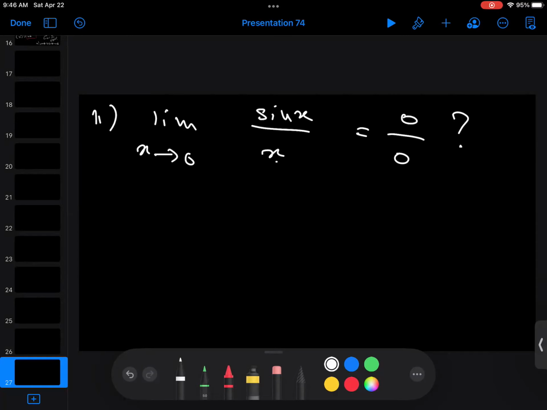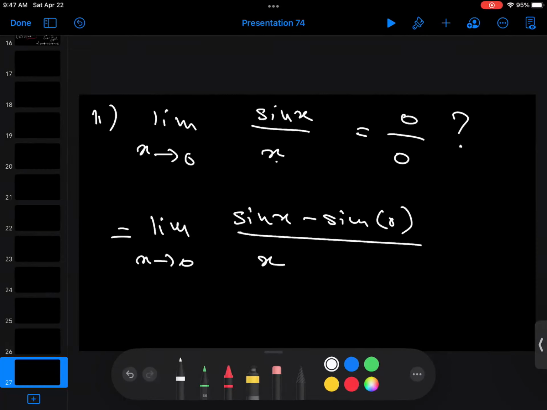There are several ways to compute that, but an interesting way is to observe that this is also the limit as x goes to 0 of sine of x minus sine of 0 divided by x minus 0.